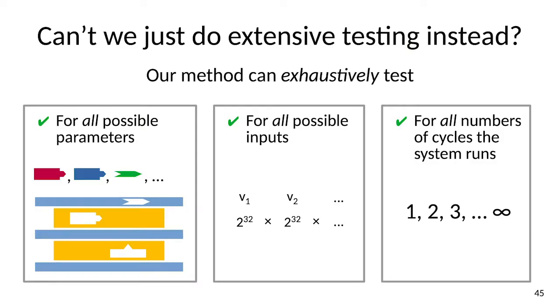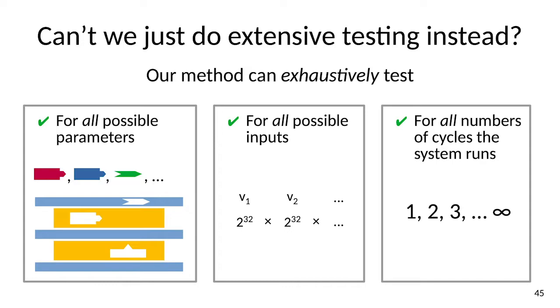One question people often ask is, can't we just do extensive testing instead of all this proof business? And the difference is that our method can exhaustively verify a system for all possible combinations of parameters and for all possible combinations of inputs and for all possible numbers of steps this system could run.